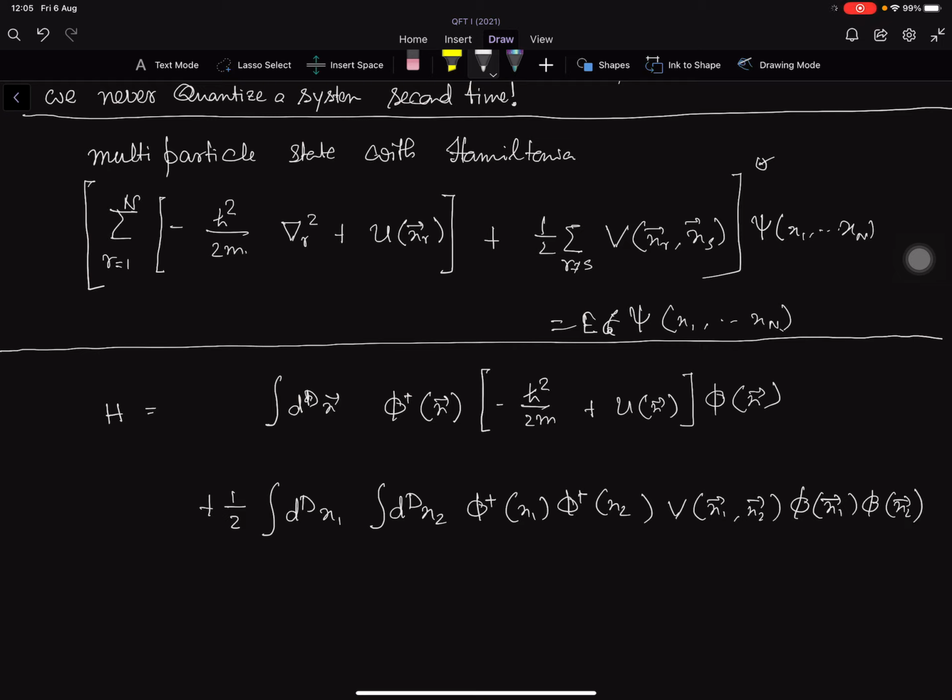So this was in the language of multi-particle Hilbert spaces in the product representation, and this is the same Hamiltonian in the occupation number basis.